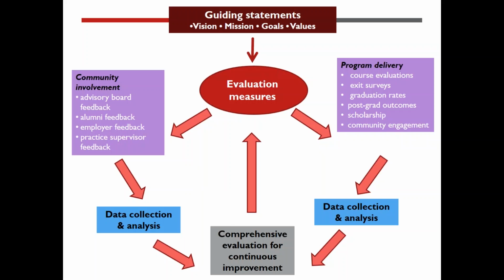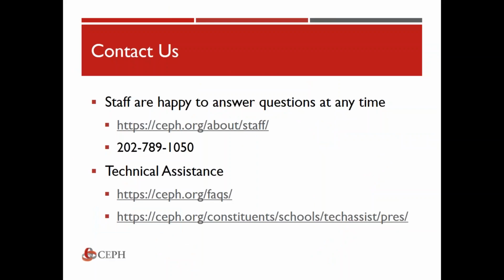And those data are just as important as collecting numerical data on graduation rates or job placement rates or whatever it is in the academic program as well. So all of that feeds in together for what we would consider a comprehensive continuous improvement process.